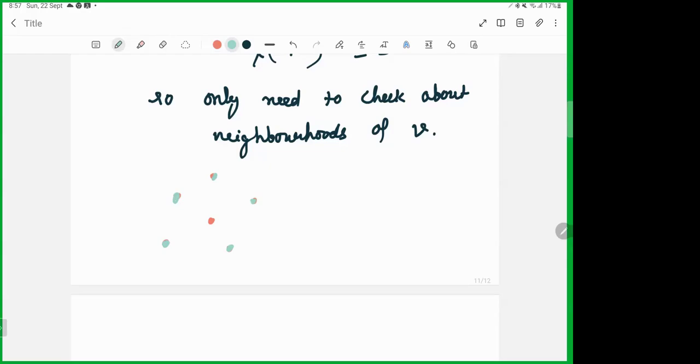We need to give it five colors. Suppose these are different colors: red, blue, green, yellow, and brown. So we have five colors and we need to color the center one with some color, but it cannot be colored the same.